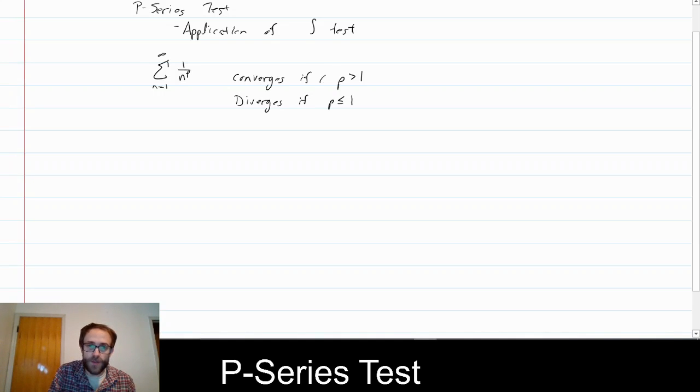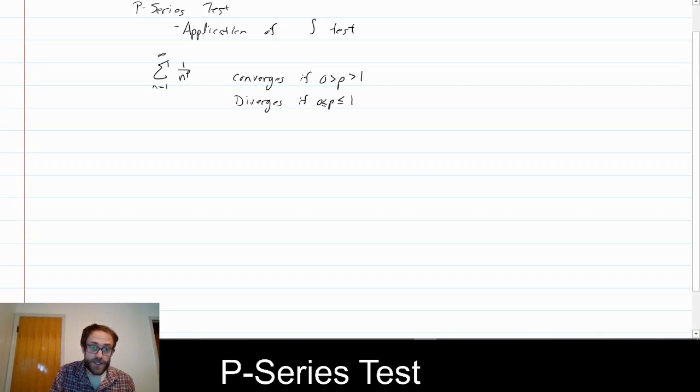And these are all positive values, so we're only dealing with positive values p, and if it's greater than 1 then it converges, if it's less than 1 it diverges.